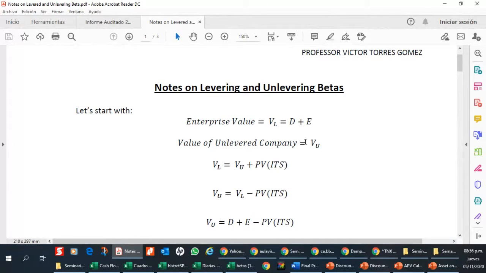I'm also going to highlight the fact that the company value, the enterprise value that I have calculated, VL, can also be expressed as the value of the company without any debt, plus that additional benefit that I get from having leverage.